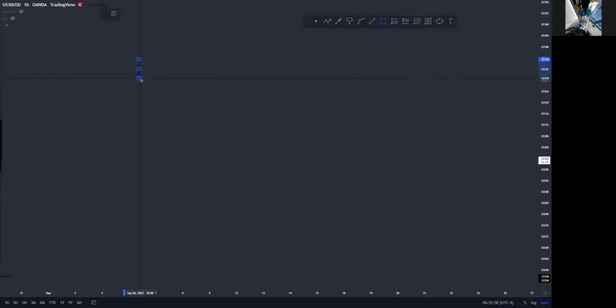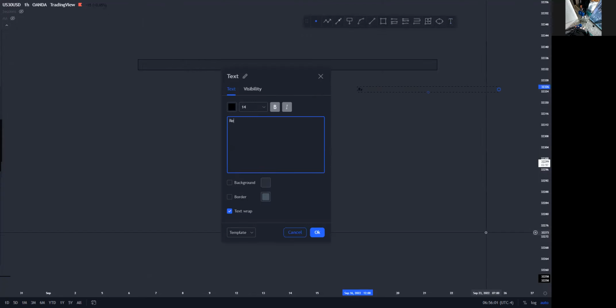So anytime price is making a resistance level, a resistance is an area of price where it can no longer go any higher. So we're just going to put here that a resistance is where price can no longer go higher, right?